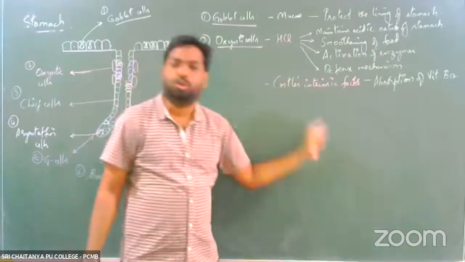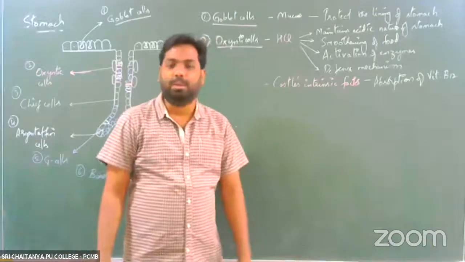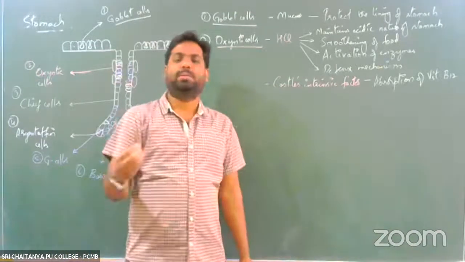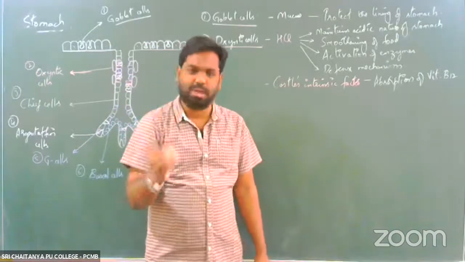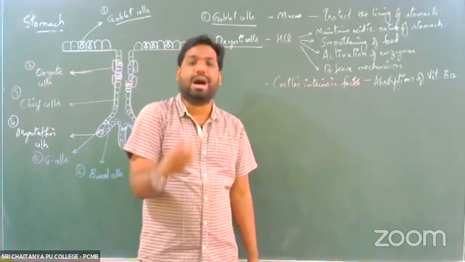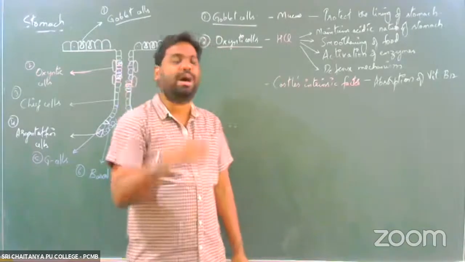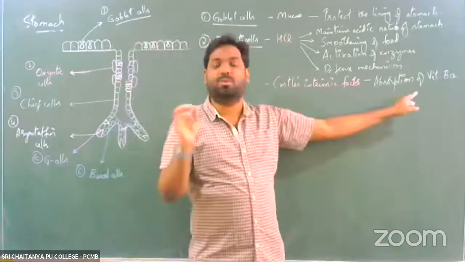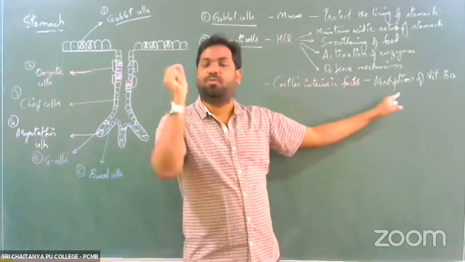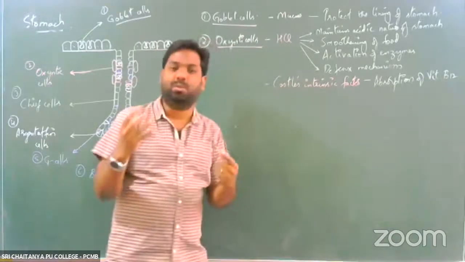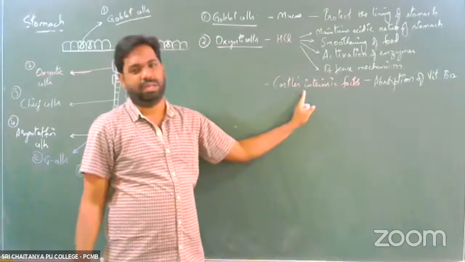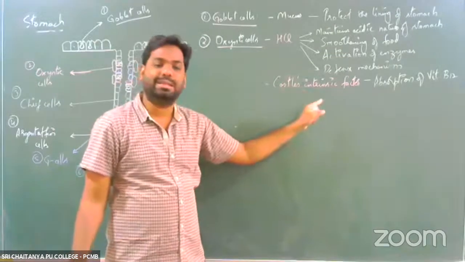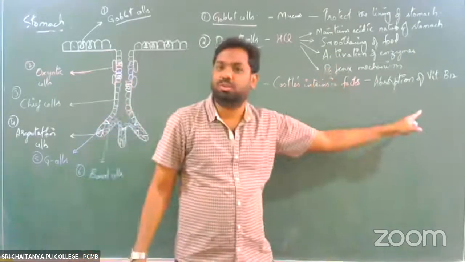Now, what is the importance of vitamin B12 or cyanocobalamin? Vitamin B12 is very essential for the process of erythropoiesis, which is nothing but the formation of RBC. For the absorption of vitamin B12, Castle's intrinsic factor plays a very important role. If there is no Castle's intrinsic factor, there is no absorption of vitamin B12.